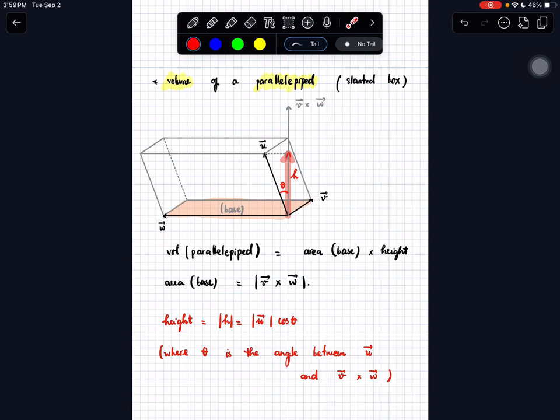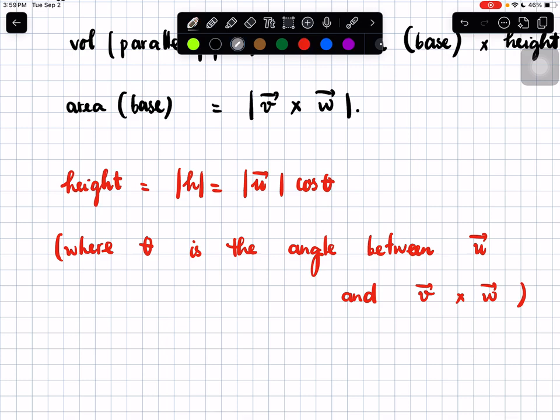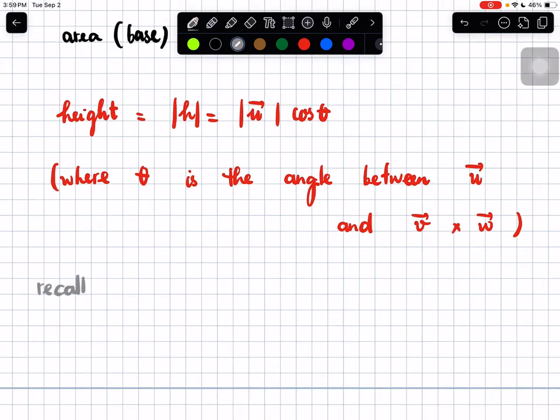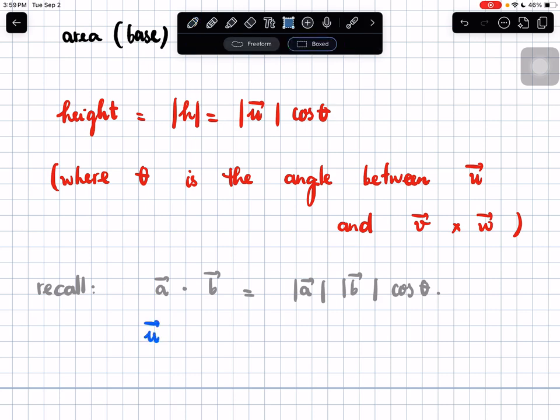Now recall that for the dot product, we can write down the cosine of the angle in terms of the dot product. Recall, if we have two vectors, let me use a and b, vector a dot vector b is length of a, length of b, cosine of the angle between them. In our case, a we choose to be u, for example. b we choose to be v cross w.